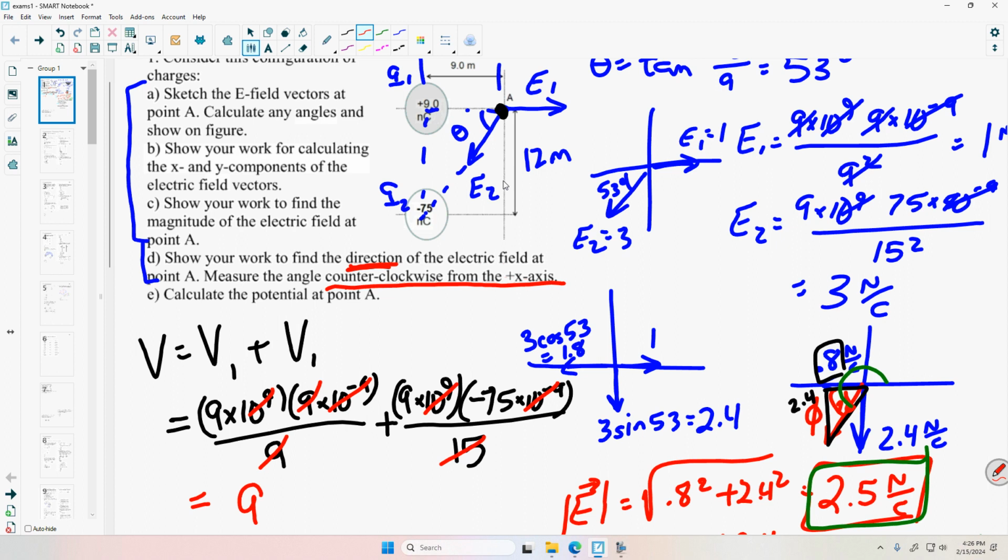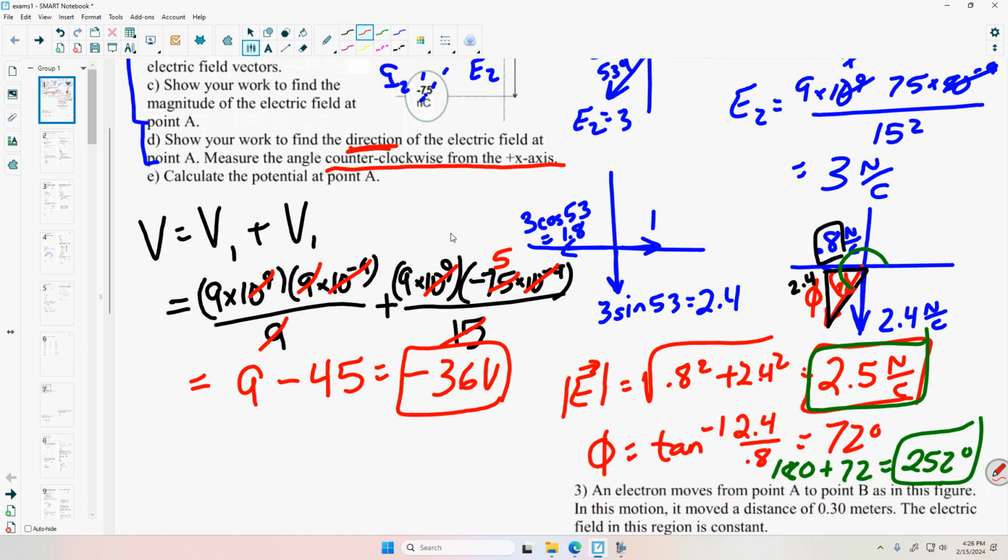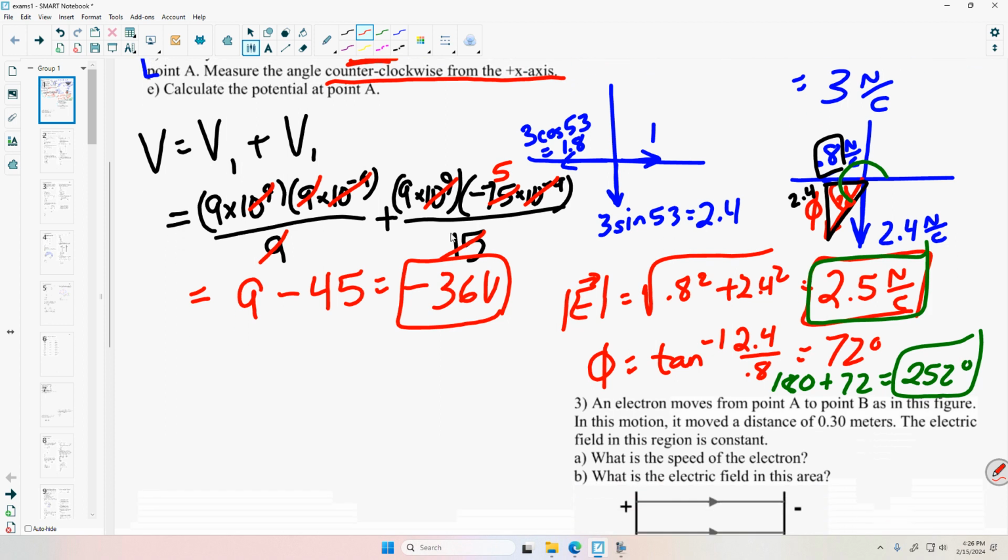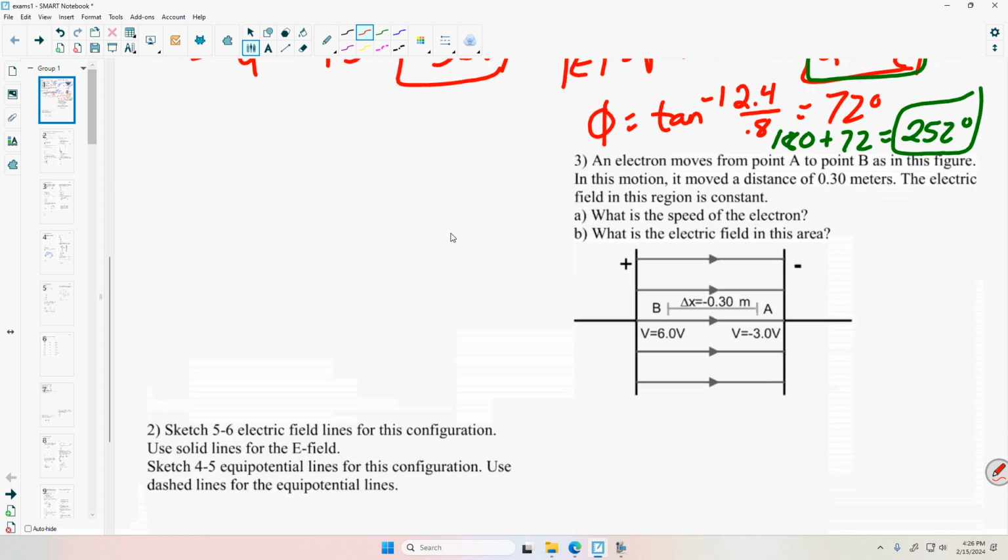So this cancels with that and leaves 5. 9 minus 45 equals negative 36 volts. All right, so that's the answer for part E. It's a little bit different, but it's easier than all the 2D vector stuff. You with me on this? Come back and look at it if we need.